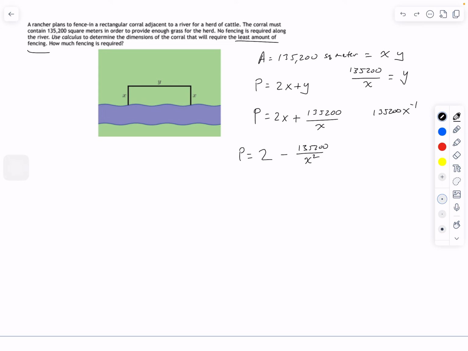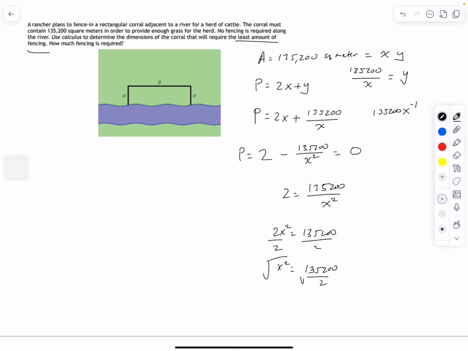Okay, and when we optimize, we want to make it equal to 0. Let's start moving stuff around. 2 is equal to, let's move the negative fraction over, 135,200 over x squared. Let's move the x squared on top. So it's 2x squared equals 135,200. We'll divide by 2, and then we'll take the square root of that. X squared equals 135,200 over 2, and we're going to take the square root of both sides.